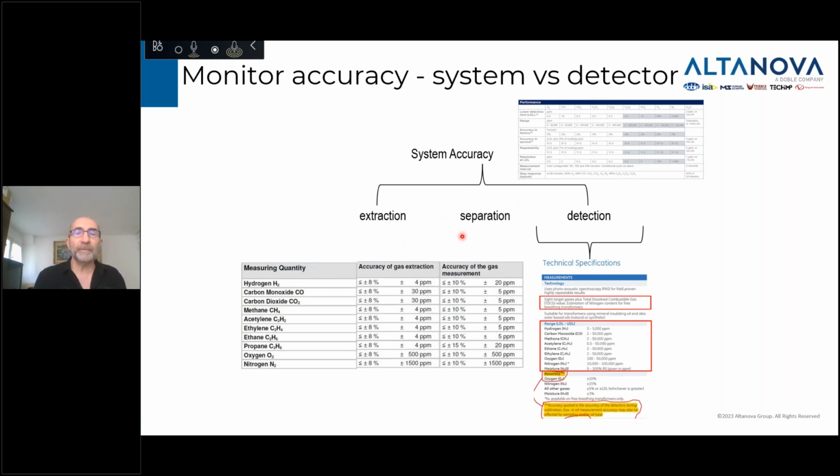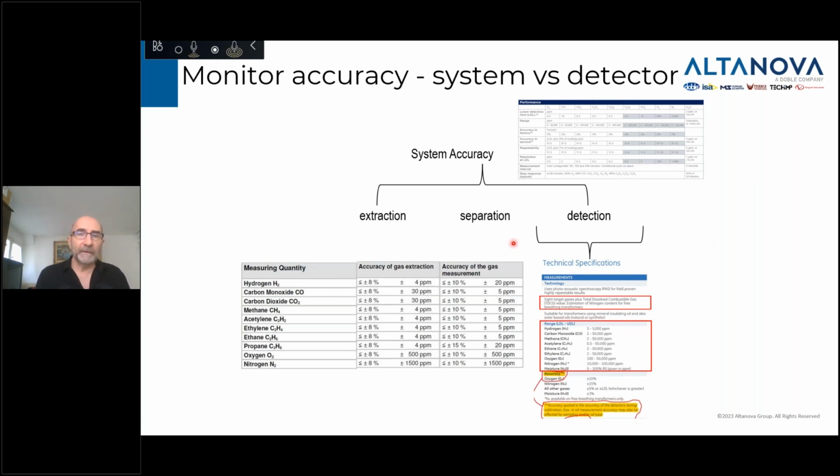How good are you at separating the gas? GC separates the gas very, very well, and that's why GC is the technology recommended in the lab, because this technology takes enough time to separate the gases individually, so there's mostly no overlap when the gas arrives at the detection. And then you have the detector or detection accuracy, depending on the technology being used, and also how often that detector is recalibrated.